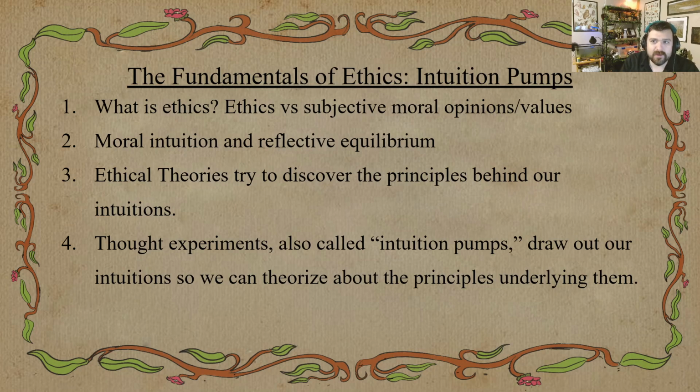So overall, ethical theories, also called ethical frameworks, try to help us make sense of all of these moral intuitions and figure out what they all have in common, what underlying values and principles they share.